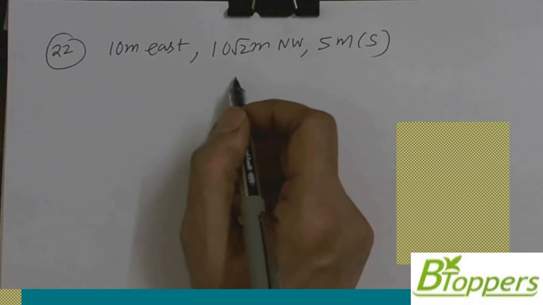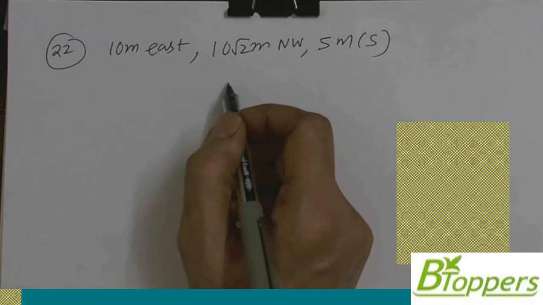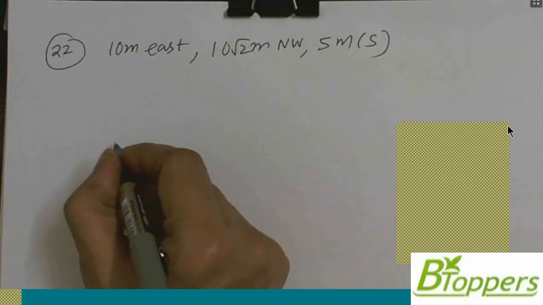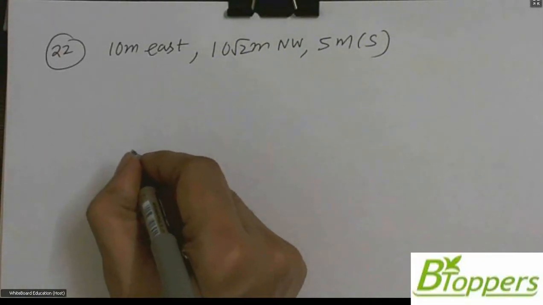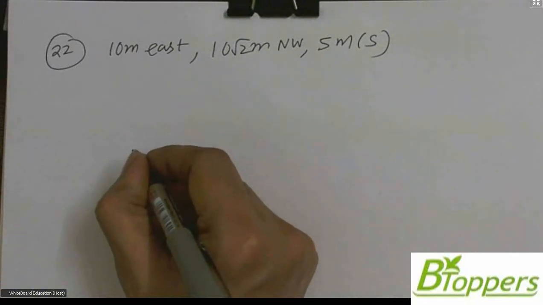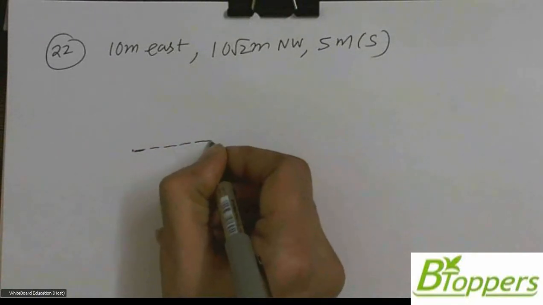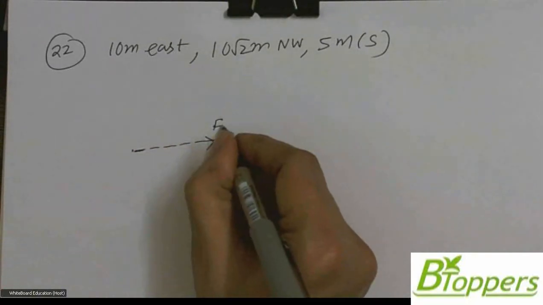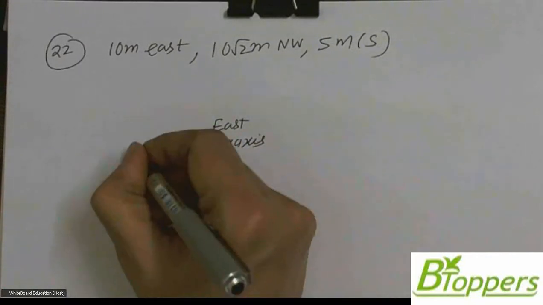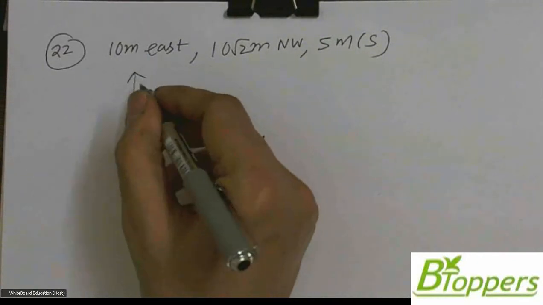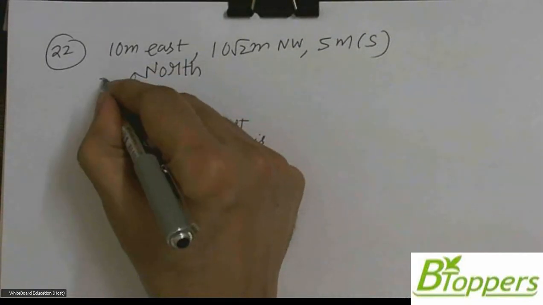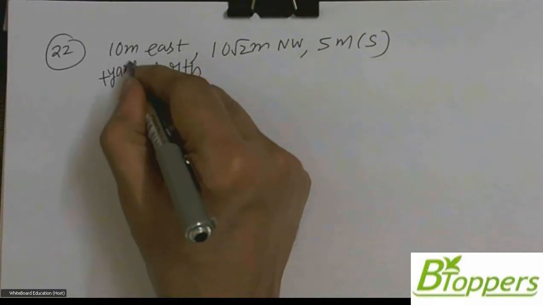So I choose the horizontal plane in which the displacements take place as the xy plane. For convenience, I choose the horizontal direction towards east as the positive direction of x-axis and the horizontal direction towards north as the positive direction of y-axis.